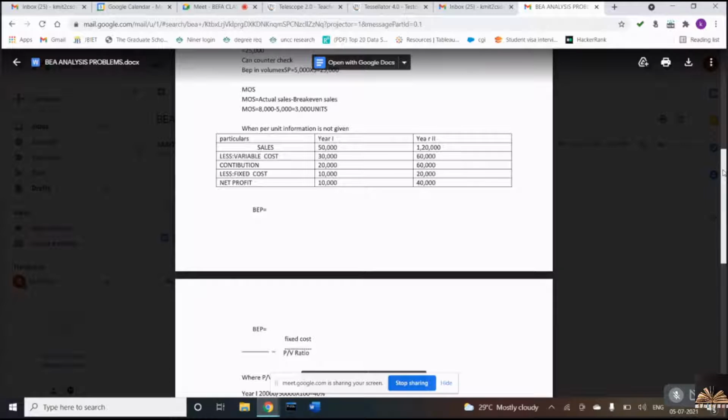Maximum he has given, so you can take actual sales as 36,000. Margin of safety, 26,000. Yeah, margin of safety 26,000. Is it fine, all of you?